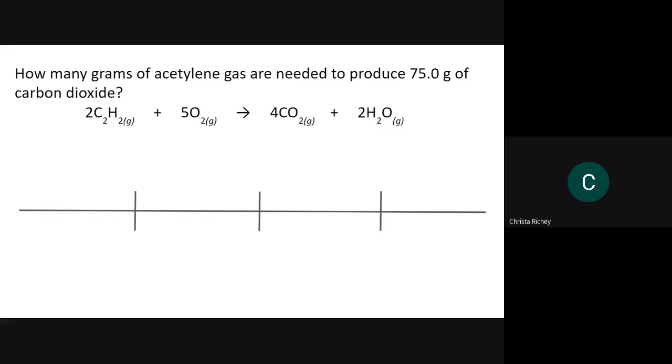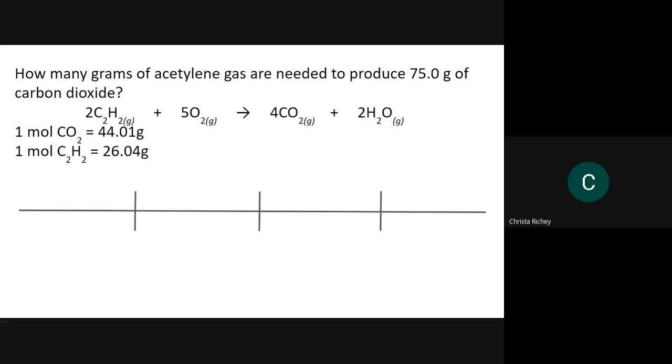We're starting off with 75 grams of carbon dioxide, so that means I need the mass of carbon dioxide, which is 44.01. We'd already calculated this like 2 problems up. We're going to need the mass of the acetylene gas, 2 times 12.01 plus 2 times 1.01. That's 26.04. I just did it for you.